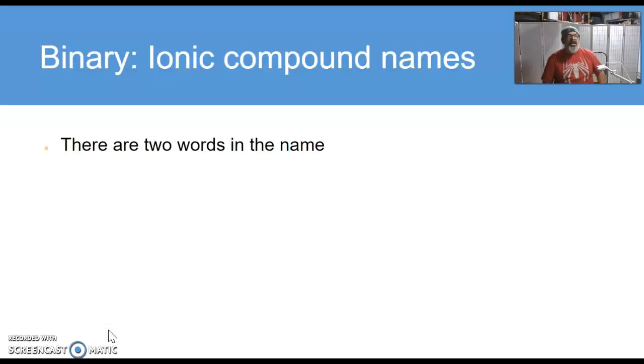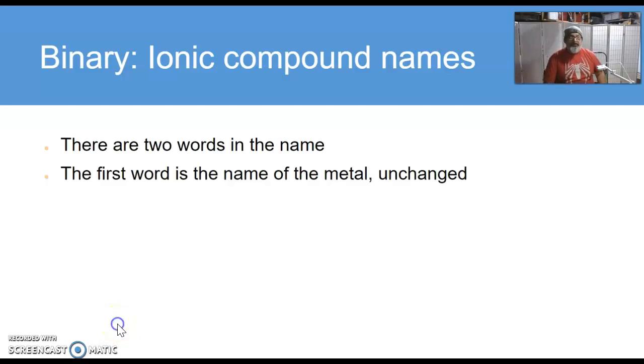So here are the rules for naming binary compounds. There are always two words in it. The first word is the metal. It's unchanged. Whenever a metal gets oxidized, or gets a +1 or +2 or +3 charge, the name is still the same. Notice in those examples before, sodium chloride, aluminum oxide, aluminum doesn't change.